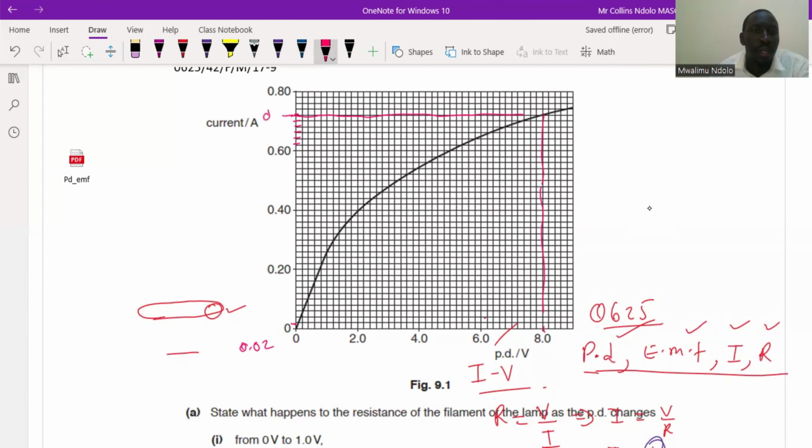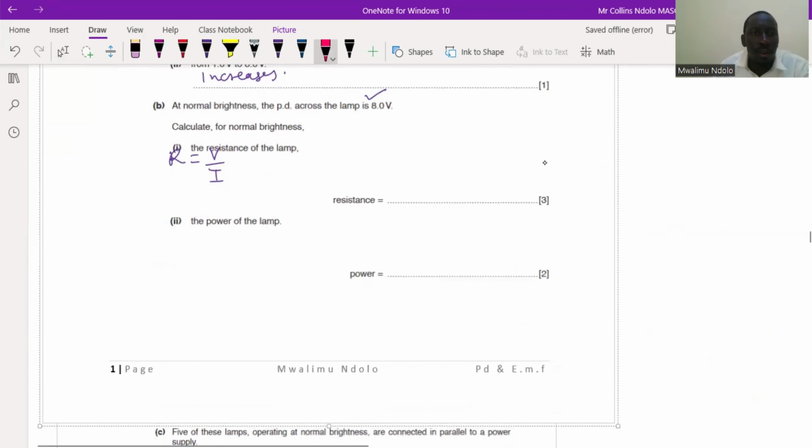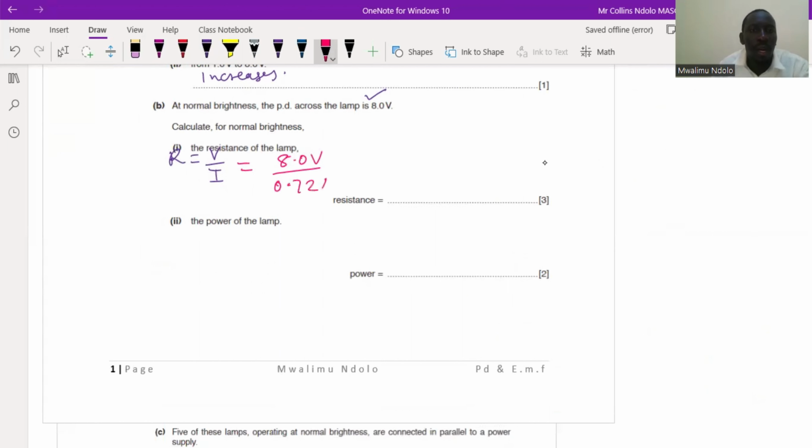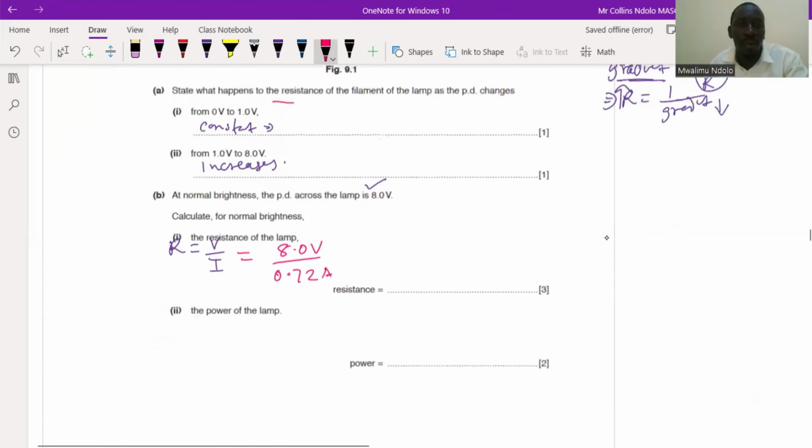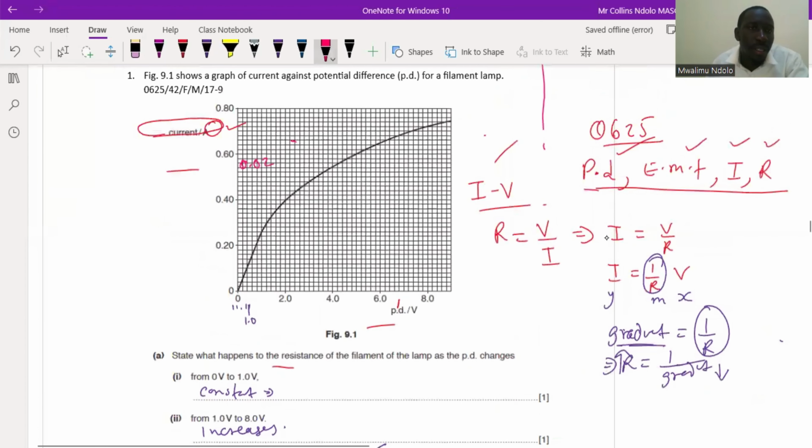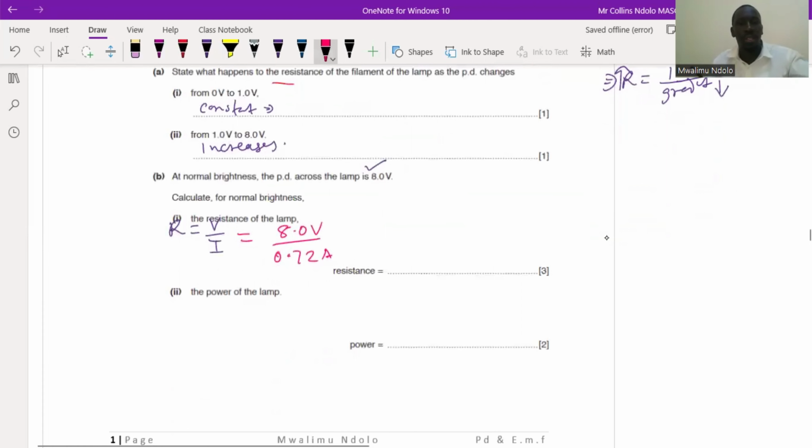So here is 0.72. Now the value becomes 8.0 volts divided by 0.72 amps. We need to check on the y-axis, is it amps? Yes, the unit is in amps. That's correct. So 8 divided by 0.72.